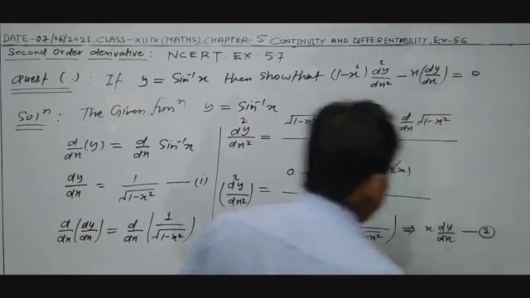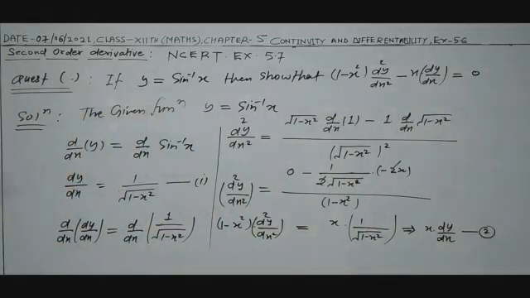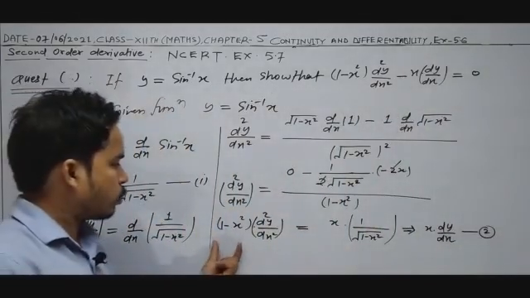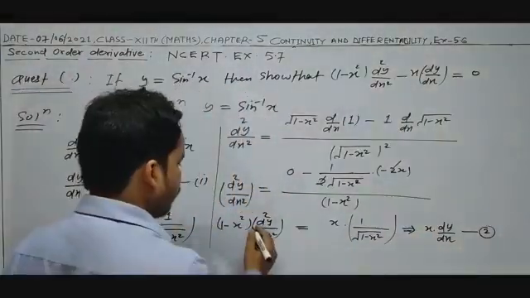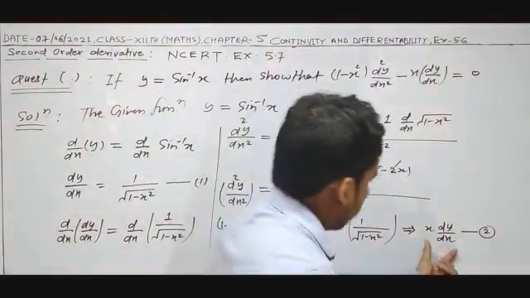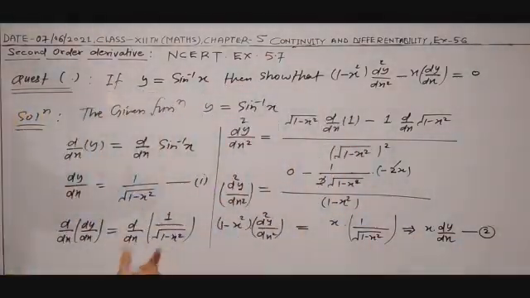Consider equation 2. So this 1 minus x square into d2y by dx2 is equal to x times dy by dx. So it will be on the left hand side, and the result will be on the right hand side, that will be 0.